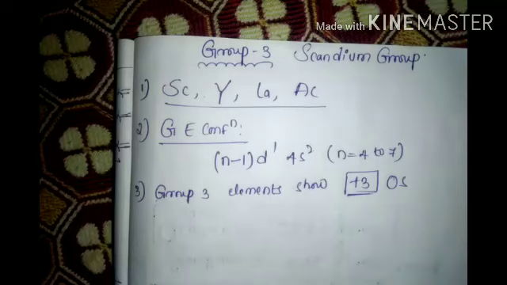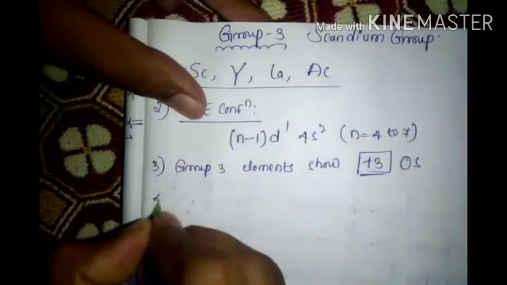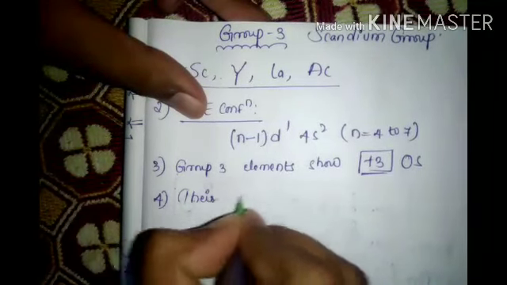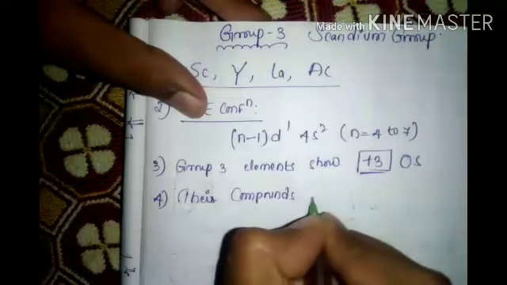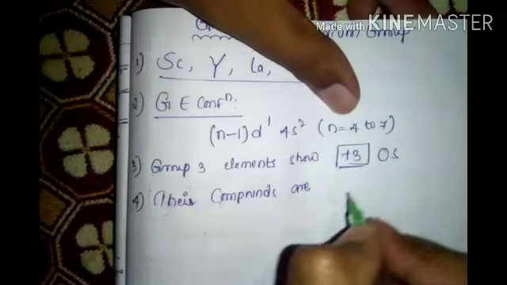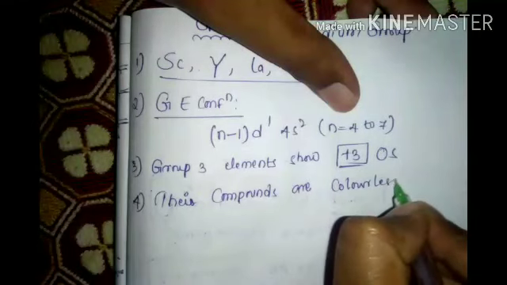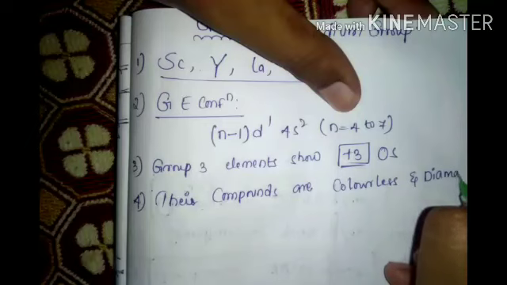Okay, this is the first and important point. Next, fourth point, their compounds are colorless and diamagnetic.